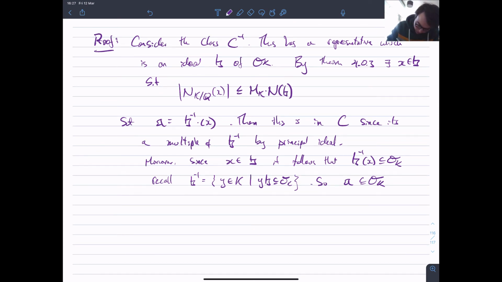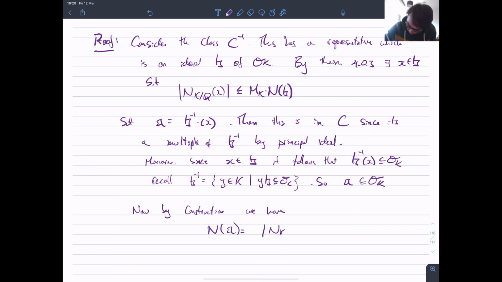Now by construction of this ideal that I've defined, we have that its norm, the norm of this ideal A, is the norm of the element x. x is in OK.